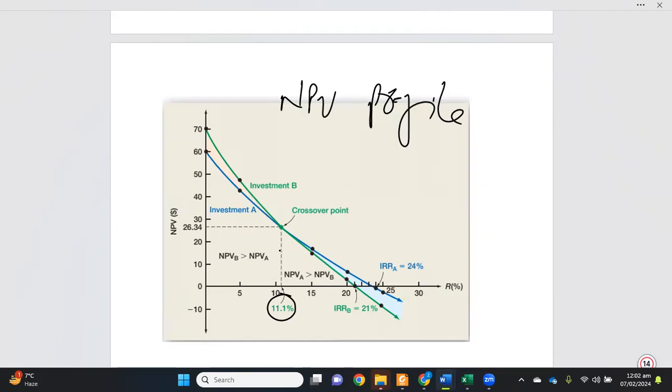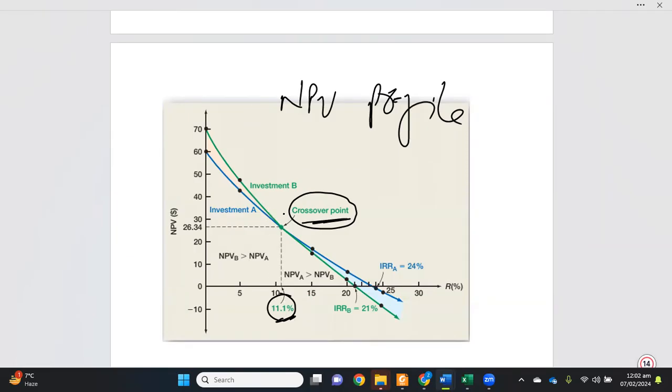The point where the NPVs of these two projects are exactly the same is 11.1%, and we call this point the crossover point, or crossover rate. At this rate, the NPVs of both projects are equal. That's why this is called the crossover point.